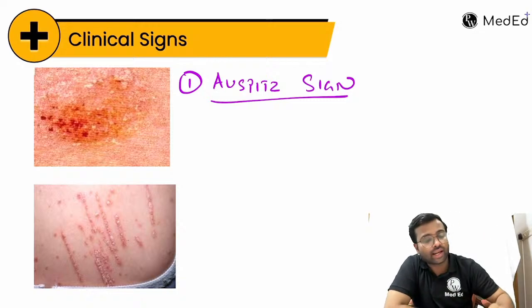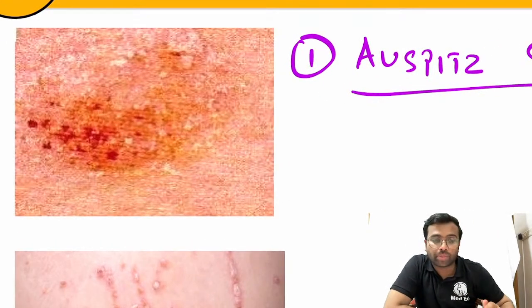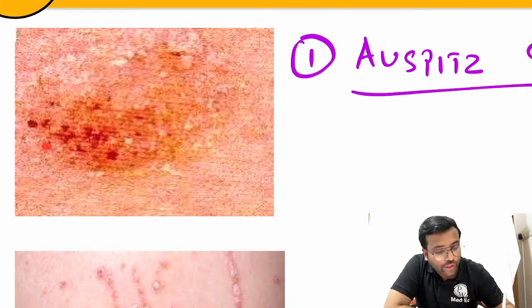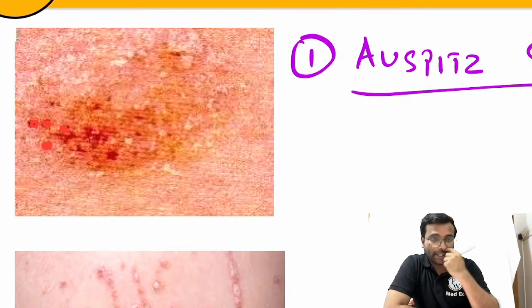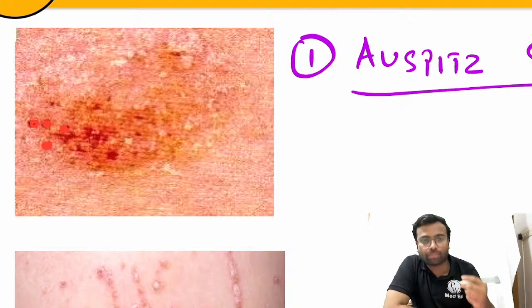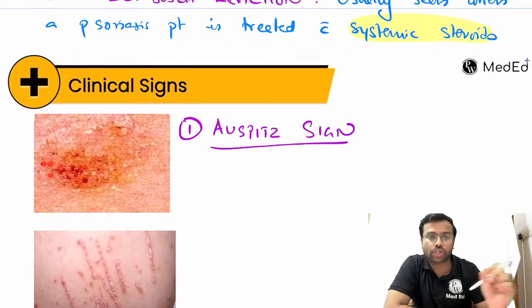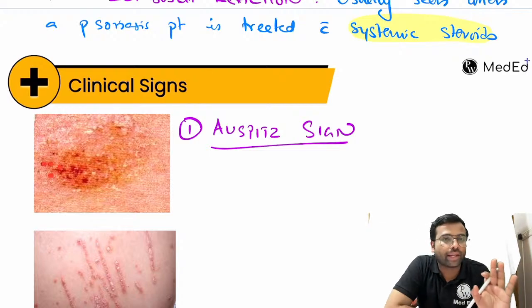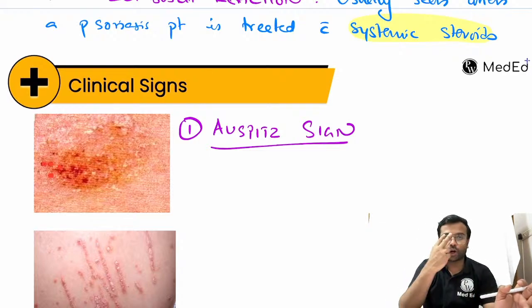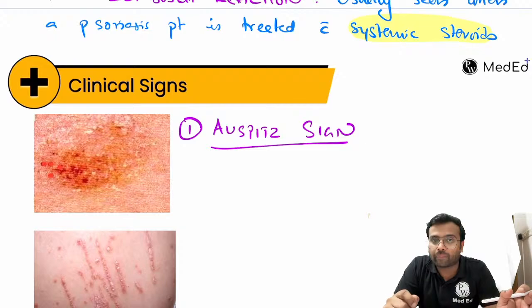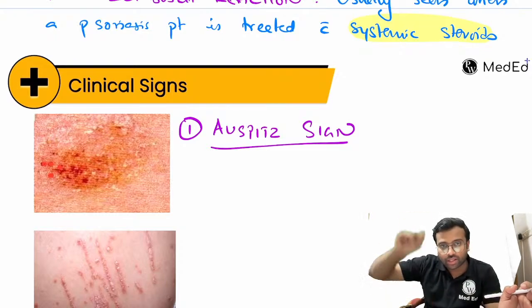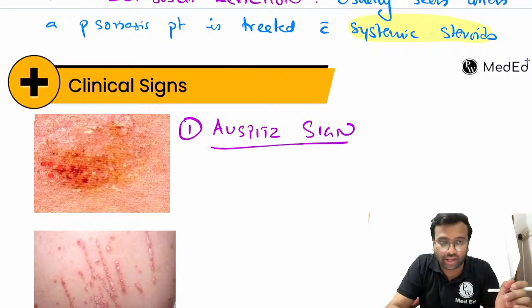I can see that the scaling has disappeared and the patient is developing multiple small bleeding spots like this. These bleeding spots which develop on scraping this lesion, this is called Auspitz sign.